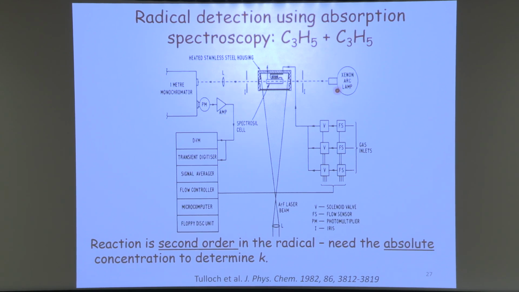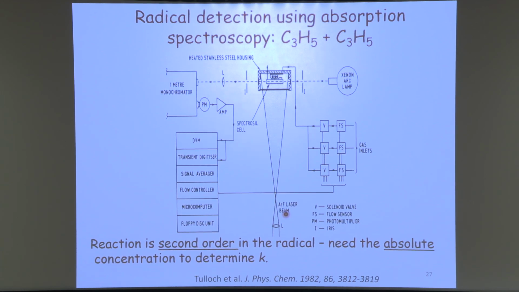So this is how the measurement was done. They have a xenon lamp that shines through the reaction cell, and then it goes into a monochromator, and they can tune to the wavelengths where allyl radical absorbs. So that's not so hard.